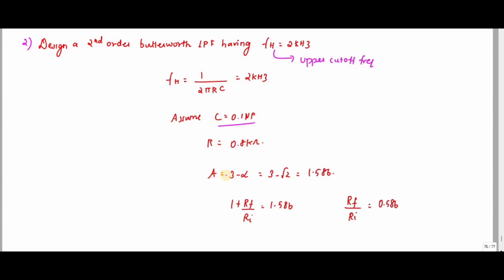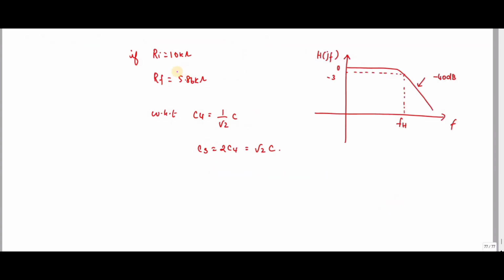And we know that A is equal to 3 minus alpha. The alpha value is root 2, so the A value is 1.586. We know that A is equal to 1 plus RF divided by R1, so RF by R1 is 0.586. If I consider R1 equal to 10K, RF is equal to 5.86 kilo.